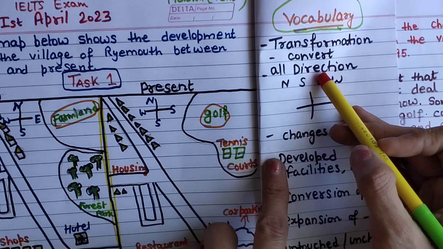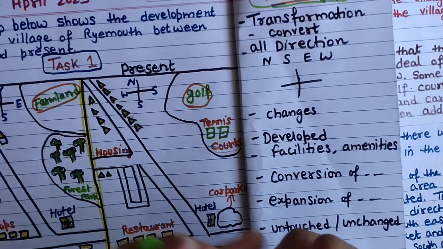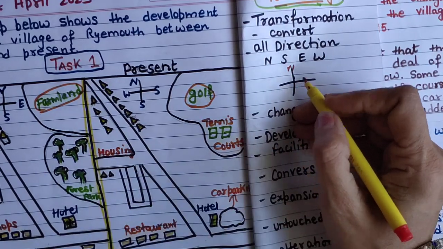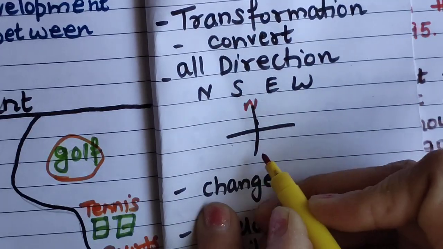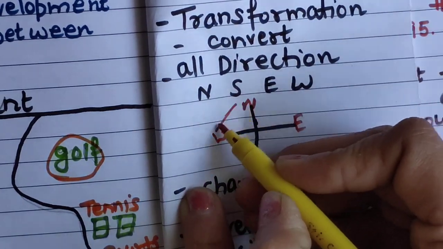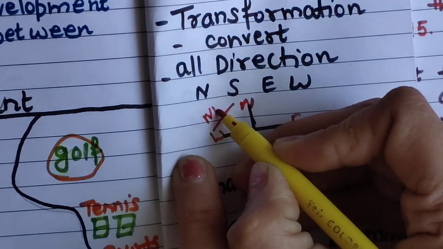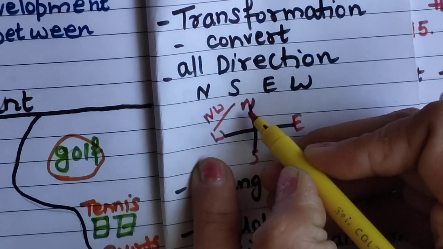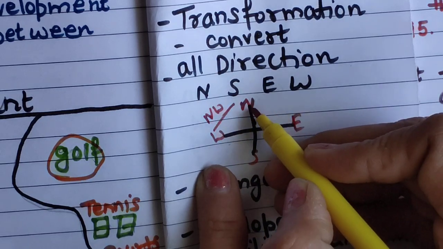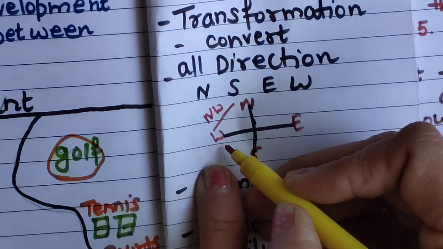Okay, all directional words, as you know. So north, south, east. So here this is north. I am just explaining it again. So north, south, west, east. So this area is known as northwest. You can't say west north, no. So direction, side direction will start from north and south only, not from west and east.